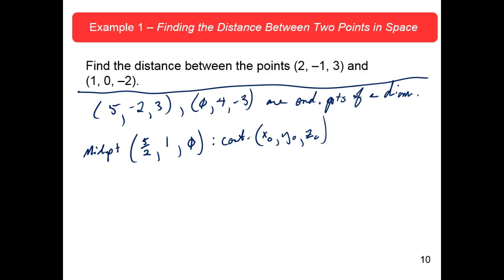Now, what else do we need to write a standard equation for the sphere? We've got the center, which is the midpoint. You have to have a radius. Now, how do we determine a radius?